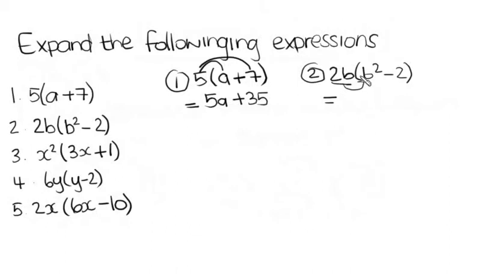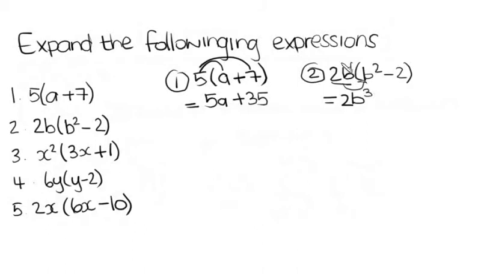The coefficient over here is an invisible 1, so 2 multiplied by 1 would remain 2. b times b: are my bases the same? My variables the same? Correct. Yes, both of them are a b, so keep my base the same, b, and 1 plus 2 gives me an exponent of 3. Great.